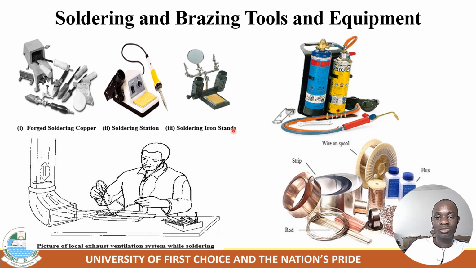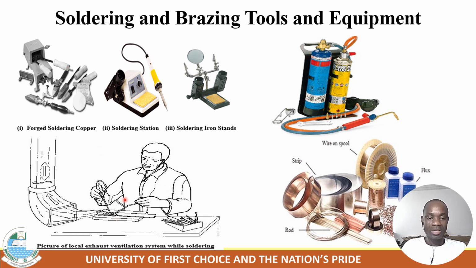And this is a soldering iron stand where you hang your soldering iron. On most occasions, this soldering iron is used for soft soldering. We have different types of soldering iron based on their different watts. One can be used for soft soldering, and another can be used for hard soldering. The forged soldering is also essential for both operations.